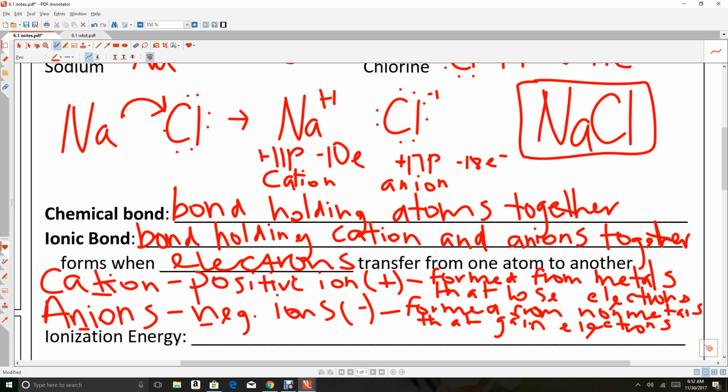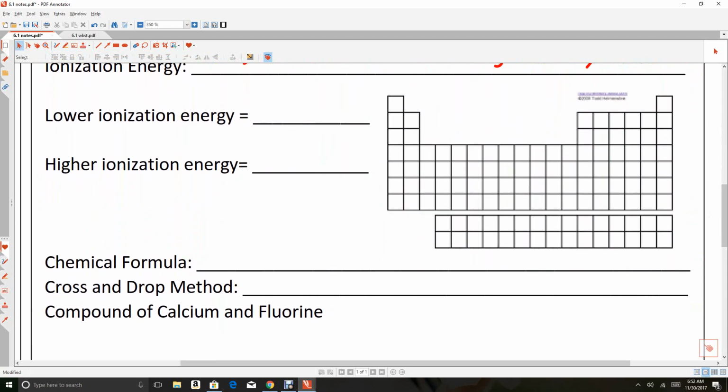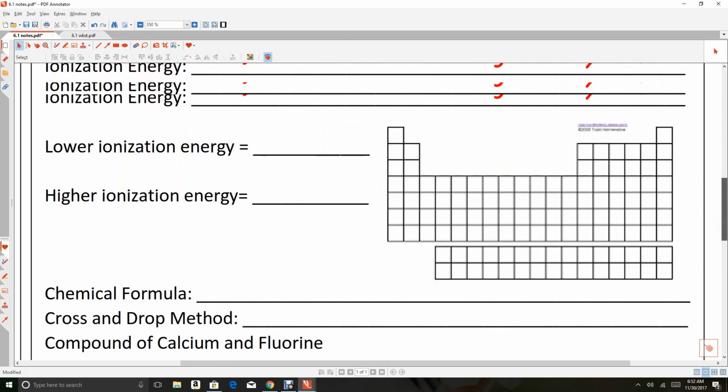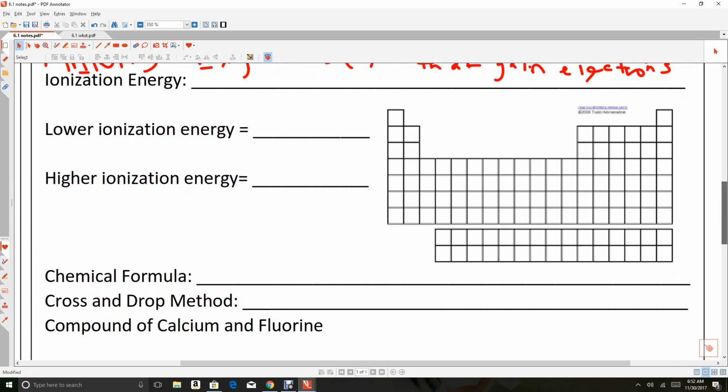Okay. All right. So we're going to talk a little bit about ionization energy. I didn't leave a lot of room, but ionization energy is the energy required to remove electrons.